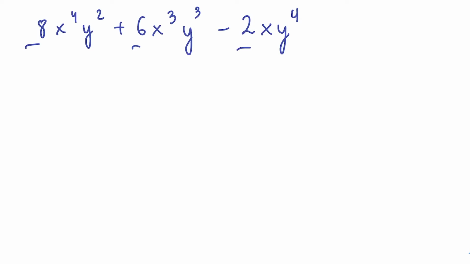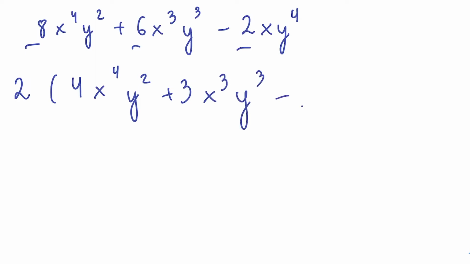So you can take out 2 out of here. So you'd have 4x to the power of 4th, y squared, plus 3x cubed, y to the power of 3rd, minus xy to the power of 4th. Now, what else can we factor out of this equation?